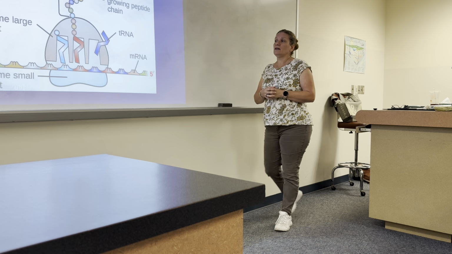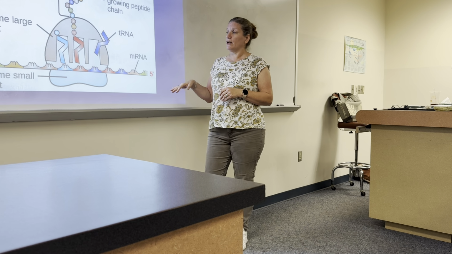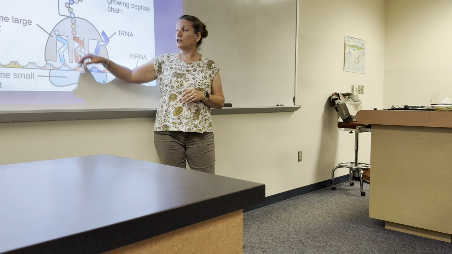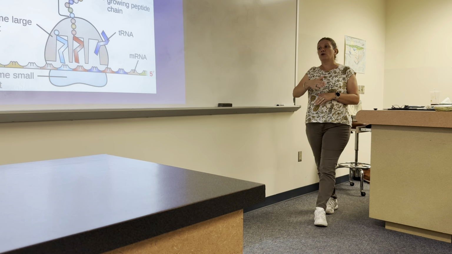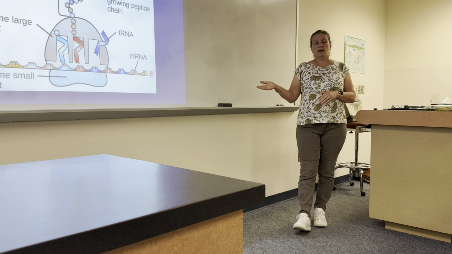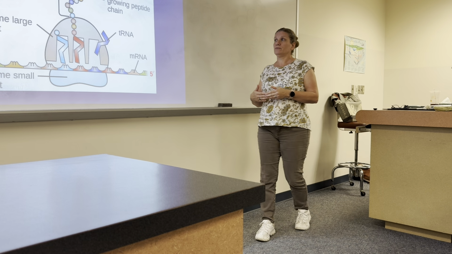It's going to pause in that location, and the transfer RNA carrying a methionine is going to sit in that location. So it's not like what you see here at the moment, but when you're initiating, it'll sit in the P site. That is what sets up the reading frame for continued translation, displaying then the next codon in the A site.